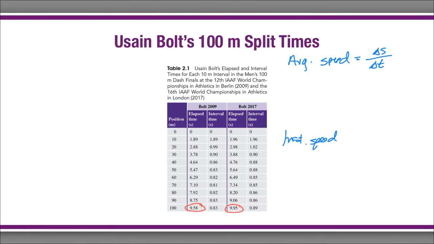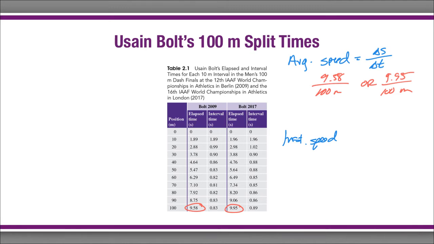If you were to take that time and calculate his average speed, 9.58 over 100 meters or 9.95 over 100 meters, you would get his average speed for each of these races. His average speed for his 2017 race wasn't really that much different than his 2009 race, but it was the difference between a win and actually coming in third.